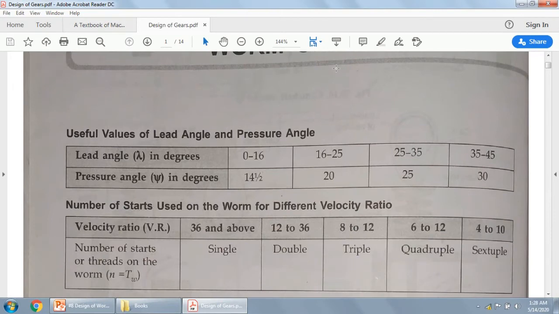His notation is xi, but in R.S. Khurmi he is taking it as phi. The relation between pressure angle and lead angle is the same, as given in your R.S. Khurmi book.